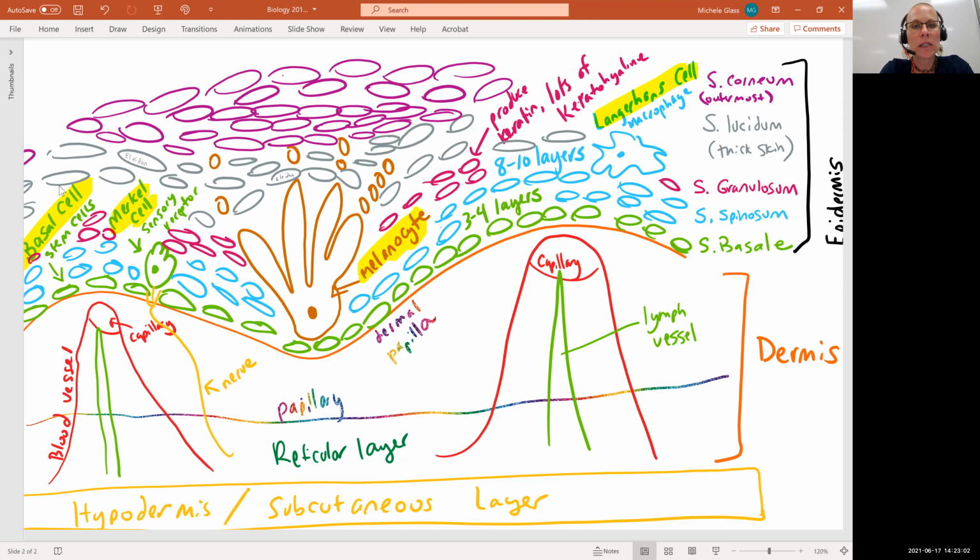So really the significance of the dermis is that this is supporting structures of the epidermis by providing vascularization, by providing lymph vessels, by providing the innervation.